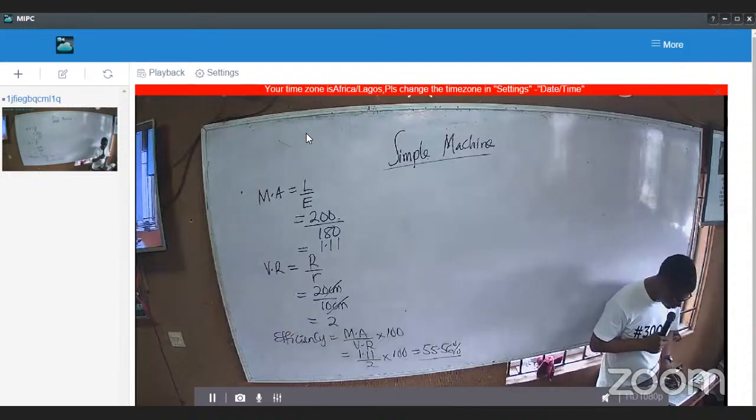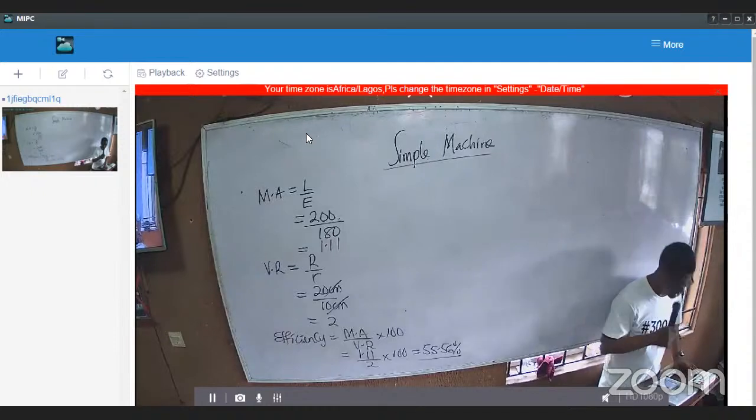Number 3. The efficiency of a machine is 70%.